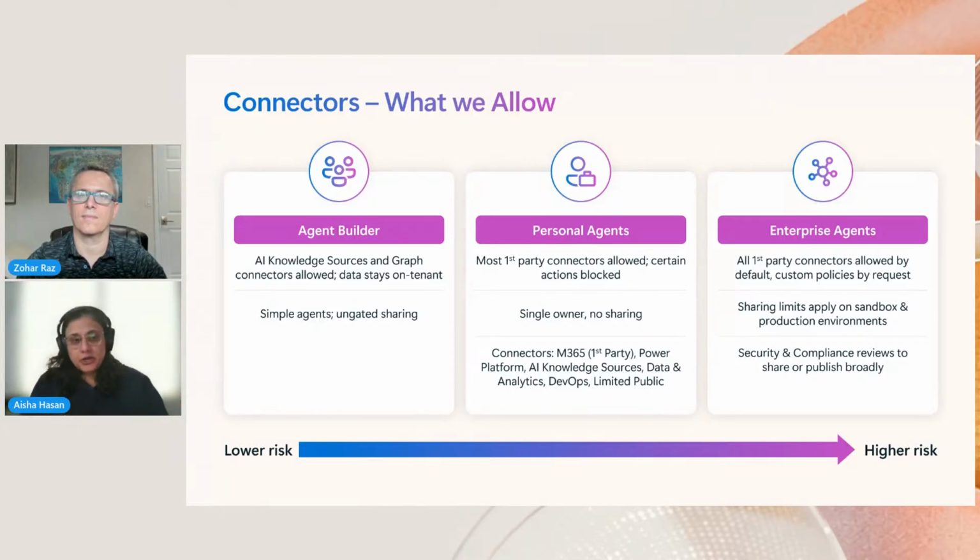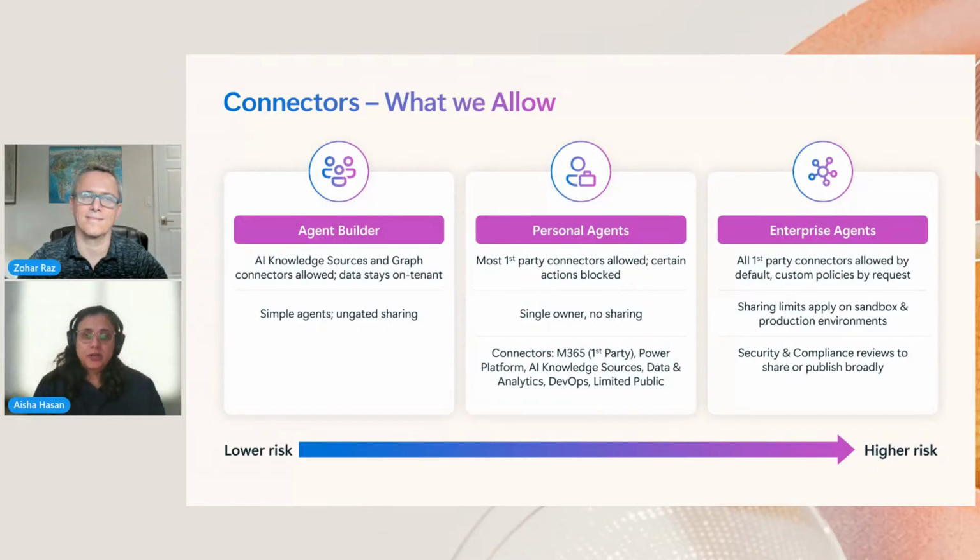Then our middle tier is what we call the personal or a "me" agent. So we have managed environments and personal developer environments where everyone in the tenant can get one or more environments. It already comes with a connector policy, where we include the majority of our first party connectors such as SharePoint, Excel, Azure DevOps, Outlook, and users can also build autonomous agents.